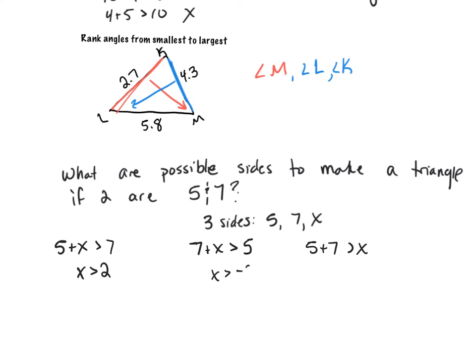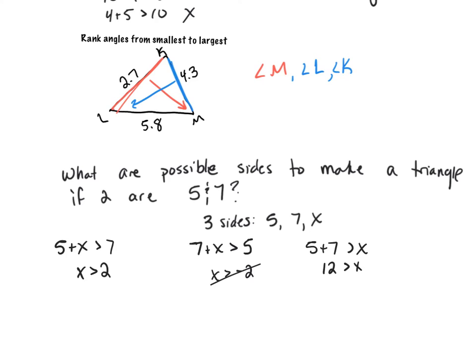Negative 2. Does it make sense if we have a side length that's negative? No. So this one doesn't matter. I'm just going to kind of cross that out. So anytime you get a negative one, that's the one that doesn't matter because you can't have negative side length.